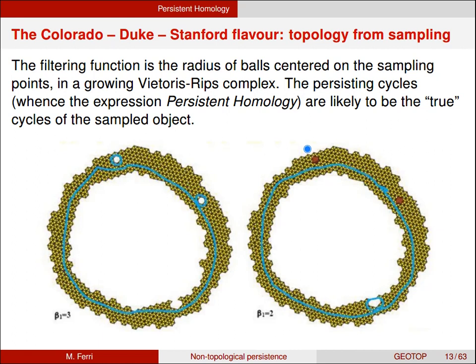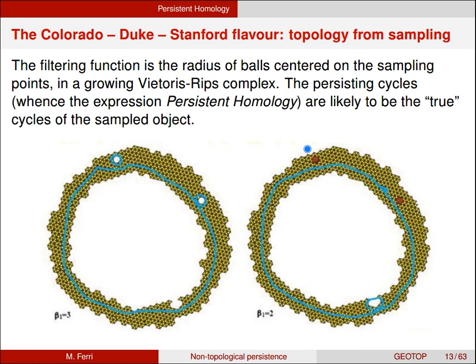Another way, actually 9 years after we started, at Stanford and Duke University, they had a similar idea leading to the same type of diagrams, but starting with a completely different task. Our task was to try to find particular functions to put on the objects, so that by taking sub-level sets, we can distinguish objects or say that they are the same.